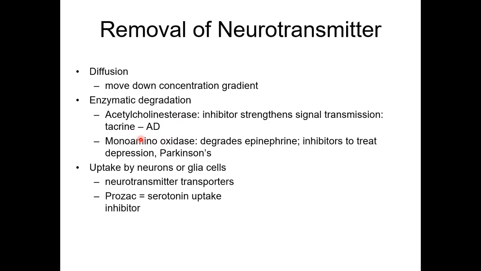Some other neurotransmitters, such as epinephrine and serotonin, are degraded by the enzyme called monoamine oxidase. And manipulating this monoamine oxidase can be used to treat depression and Parkinson's disease.